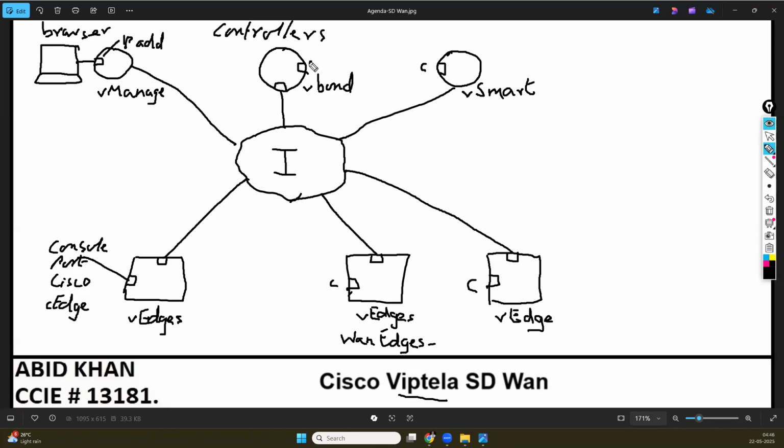This is a console interface. There might be a console interface. So this will have an IP address. All will have some IP.